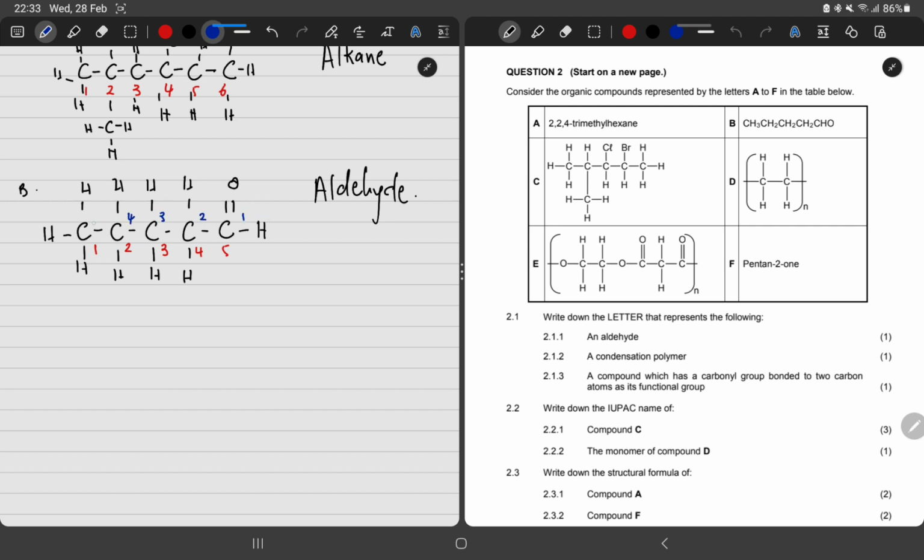We said that when you number your carbon atoms, the functional group must get the least possible number. You can see with the blue color that the functional group is at carbon number 1. So I am going to number my carbon atoms from right to left. I have 5 carbons, so it is going to be pentanal.